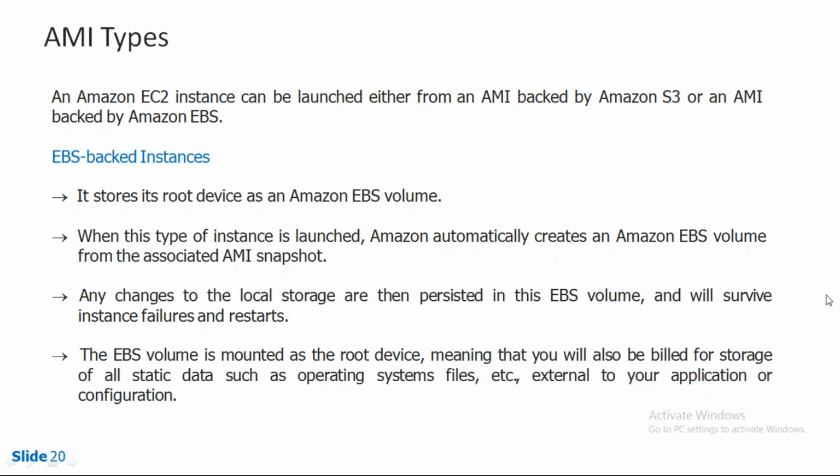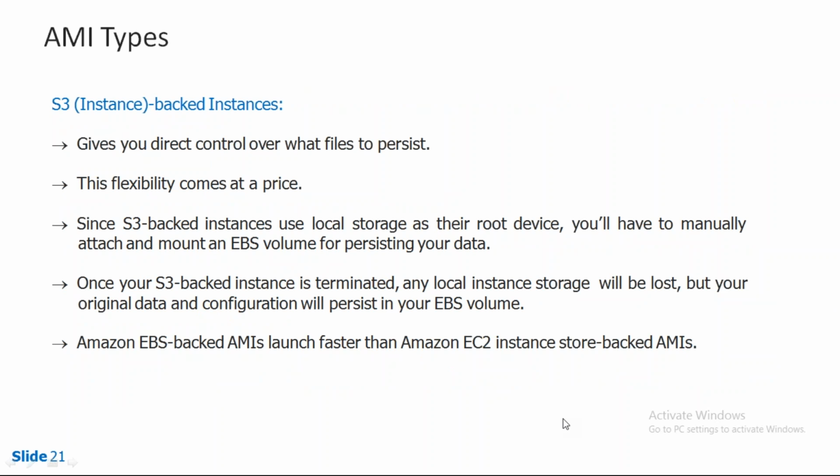Okay, so next is AMI types: S3 instance, EBS instance, that is EBS backed and instance backed instances. It is mentioned as S3 instance, but we say instance backed instances. It's nothing but there will not be any EBS volume created when you go with this type of AMI.